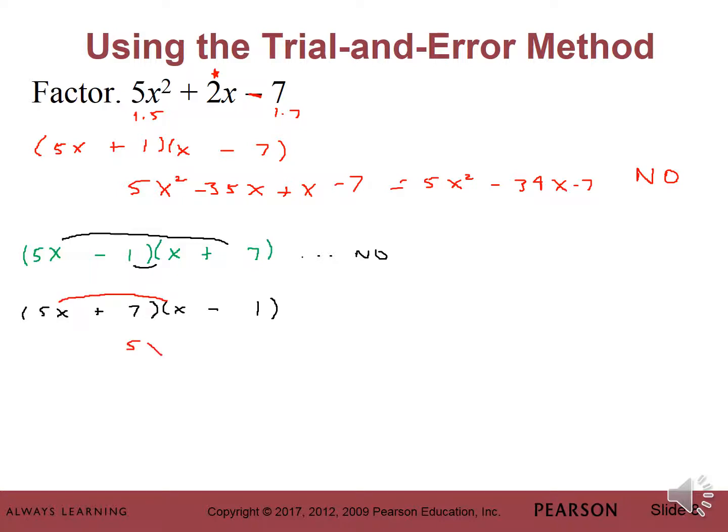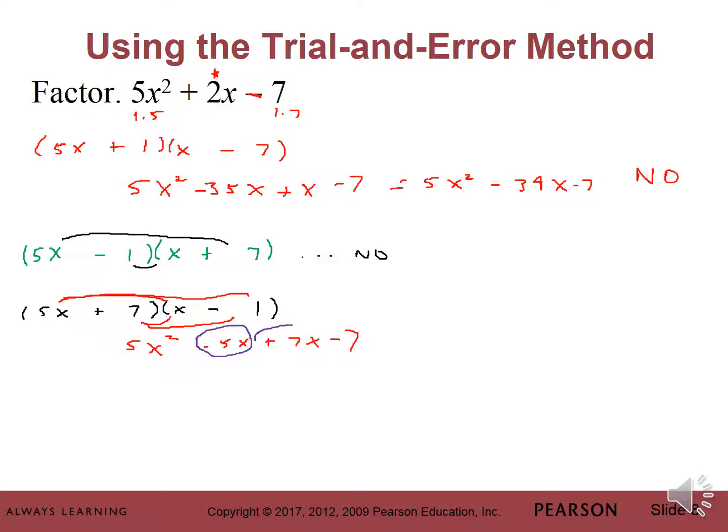So to verify, 5x squared minus 5x plus 7x minus 7.